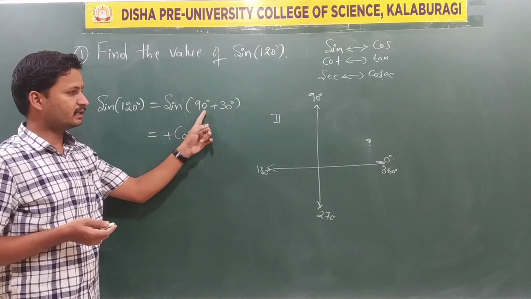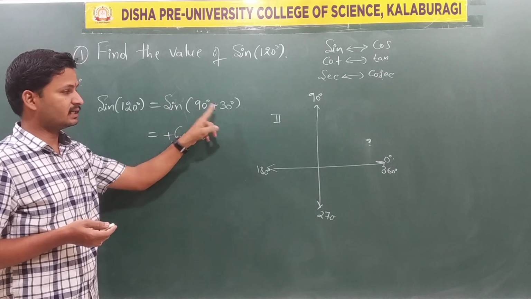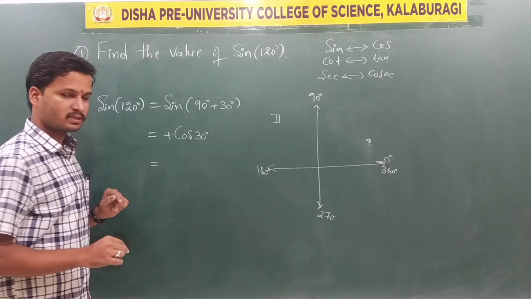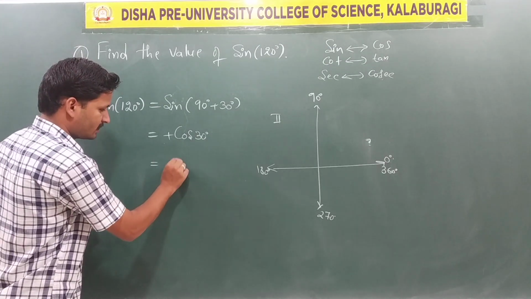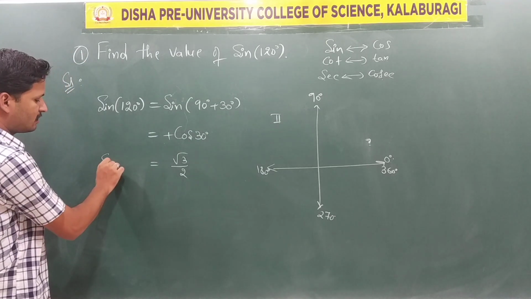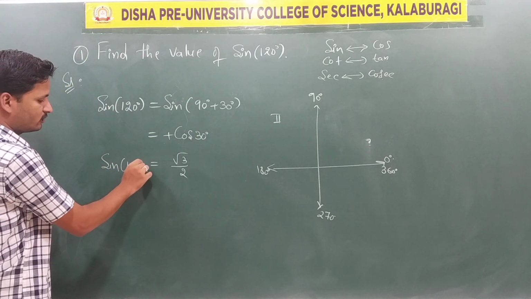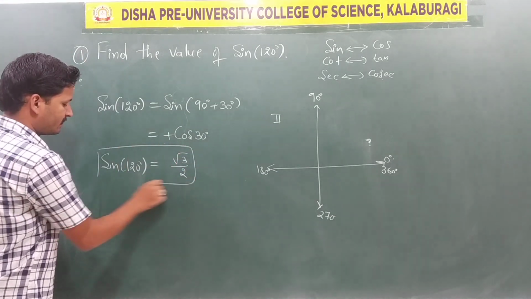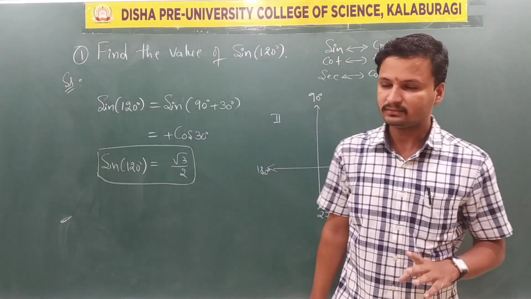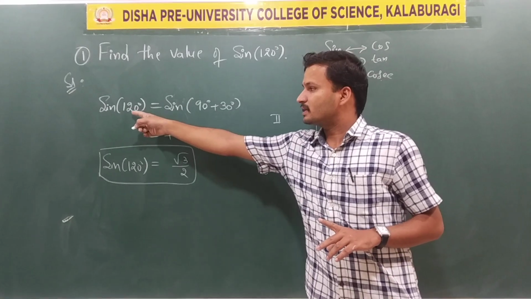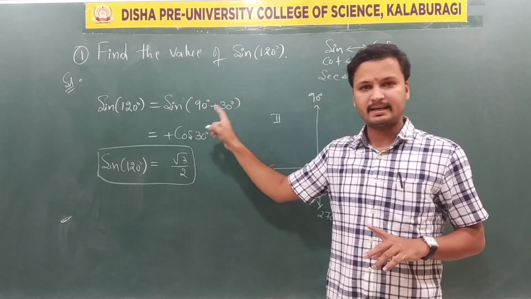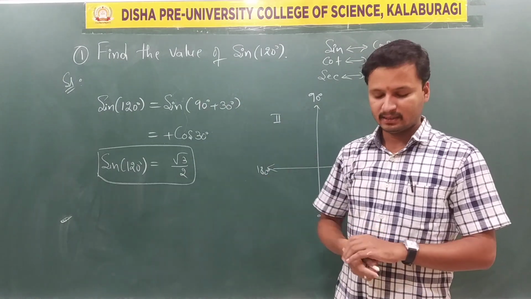Now cos 30 degree value is plus root 3 divided by 2. So sine of 120 degree is equal to root 3 by 2. This is the way. Here we expressed 120 degree as the sum of two angles, 90 plus 30.